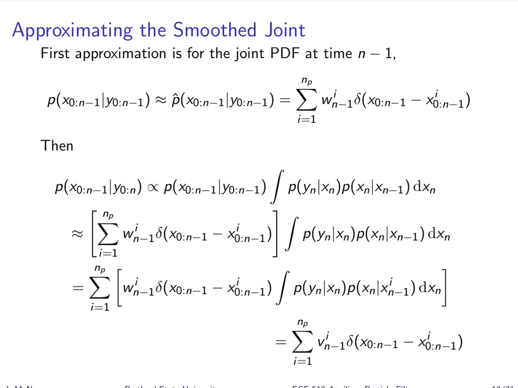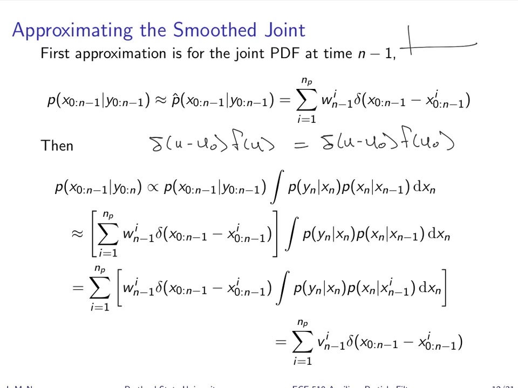One of the properties of these Dirac impulses, that I hope you all remember, is that if you have an impulse, and I'll write this as a function of u just to make it clear, u minus u naught times some function of u, this is equal to the impulse u minus u naught times the function evaluated at u naught. I don't know if you all remember that property.